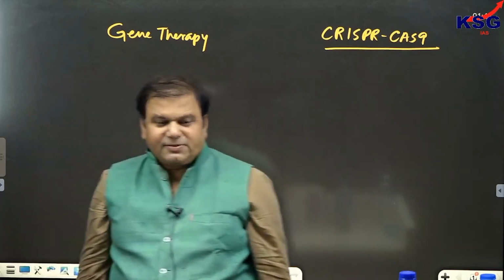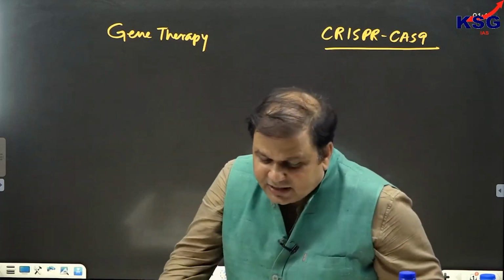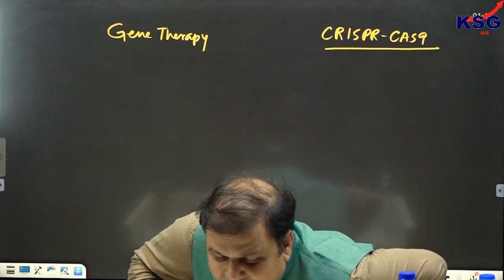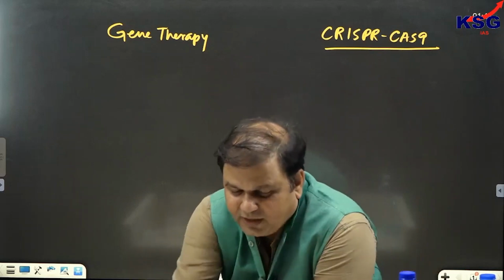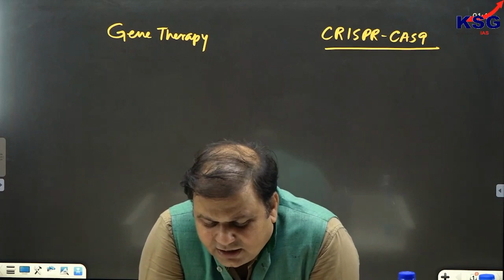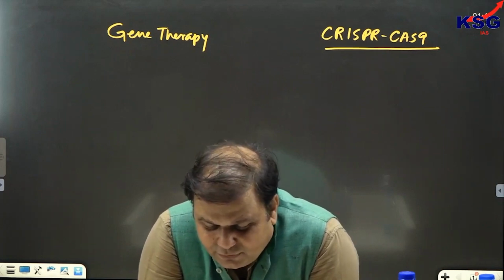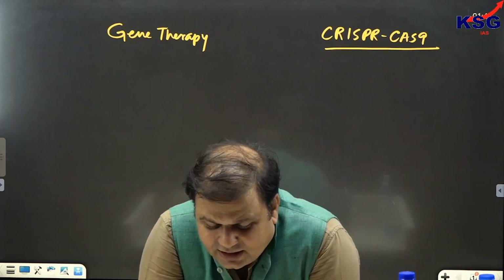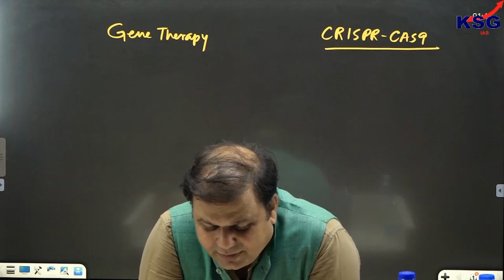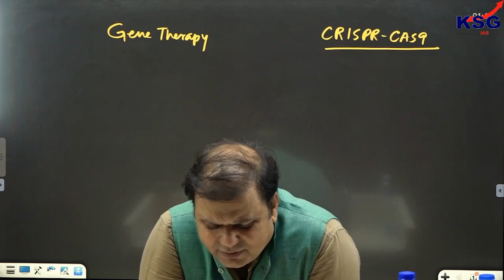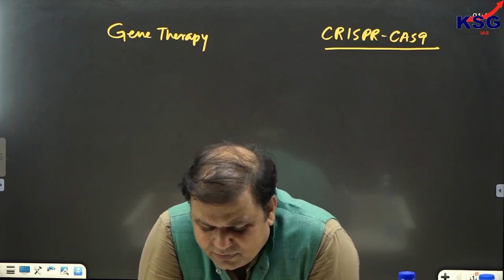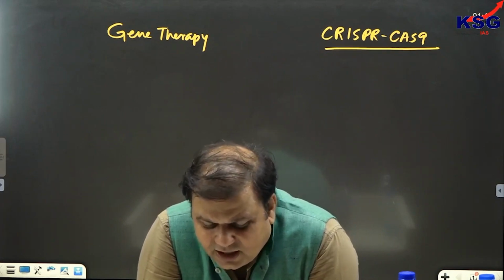So let's see what CRISPR-Cas9 technology is and what glyphosate is. Agrobacterium is the bacterium derived from the agricultural field. Glyphosate is nothing but a type of herbicide developed by Bayer. It was earlier with Monsanto, it has been purchased by Bayer. It is not a pesticide, it is a herbicide.